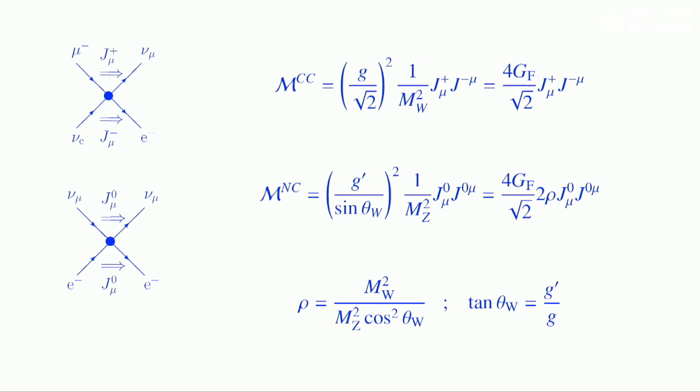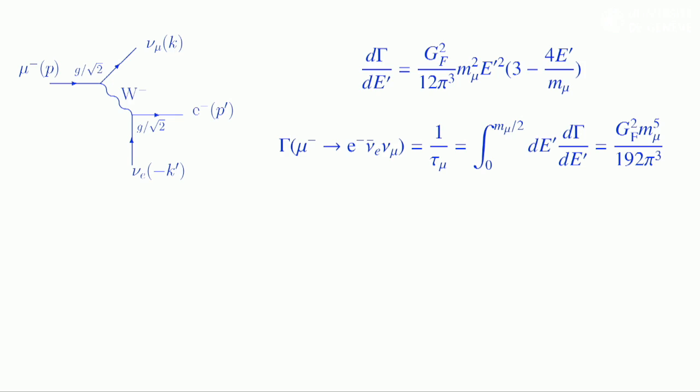The constant ρ is equal to 1 with good precision. This is due to the fact that in the standard theory of electroweak interaction, the masses of the vector bosons and the coupling constants are connected by the Higgs mechanism, which we will discuss in video 6.11. High precision experimental results verify this relationship.